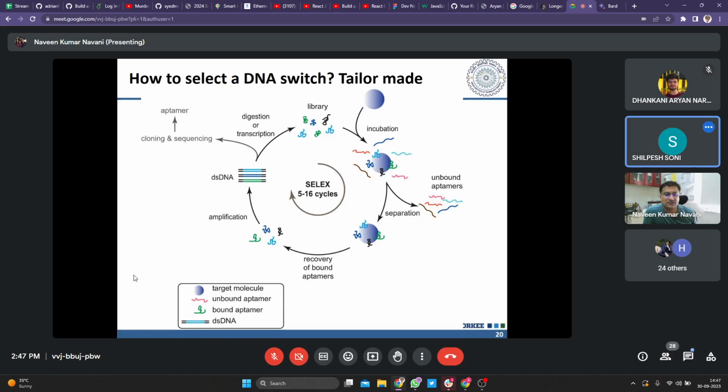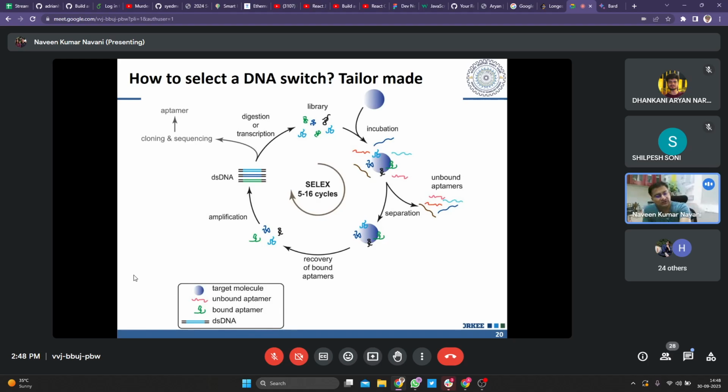Yes, so you separate the unbound ones. Okay, fine. You can have filter technologies also. You can have a sieve where unbound DNA will go down and on top will stay the target with the bound sequences. So you can do that.